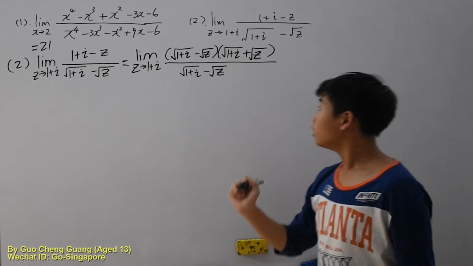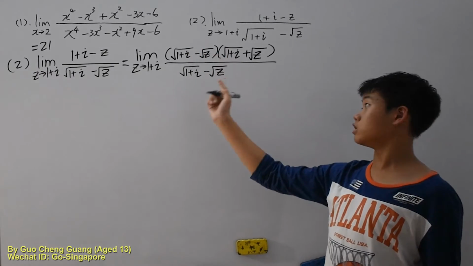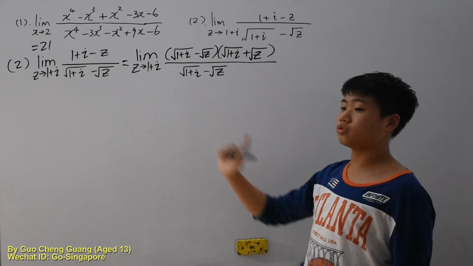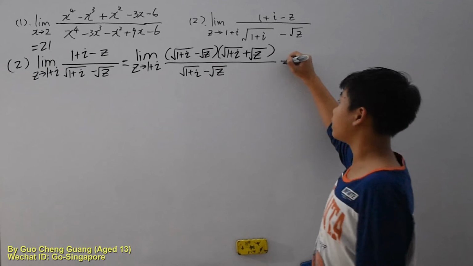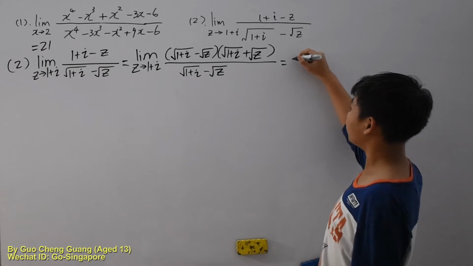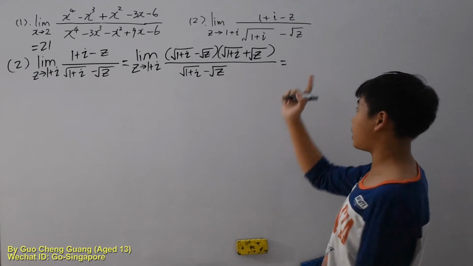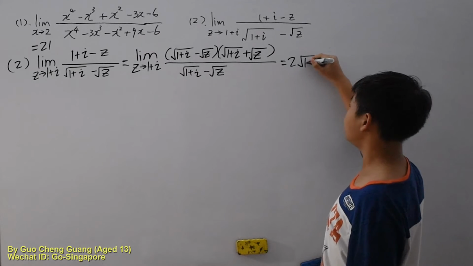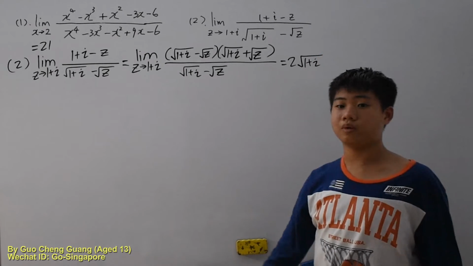So with this part, these two parts make it 0 over 0, and by the way this is 0 over 0. So these two parts, we have to cancel them out. And thus this will give you, well, you could just directly sub it in right now, which is a direct substitution. And this will give you 2 square root of 1 plus i.